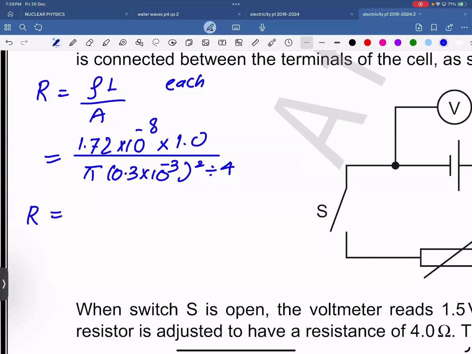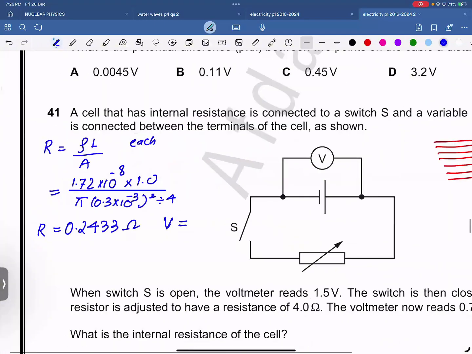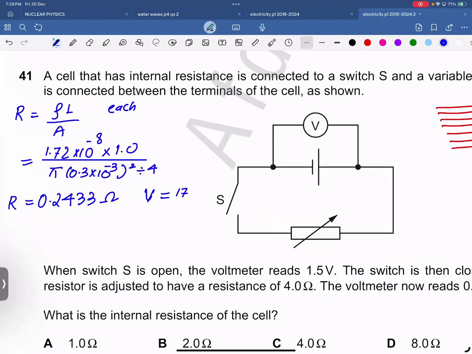How much? 0.243. Exact? 0.243. Then don't round for me, my dear. Why didn't you say 3? 3. Okay. V is equal to IR. I is 13 by 7. Yes? 13 by 7. Resistance is 0.2433.